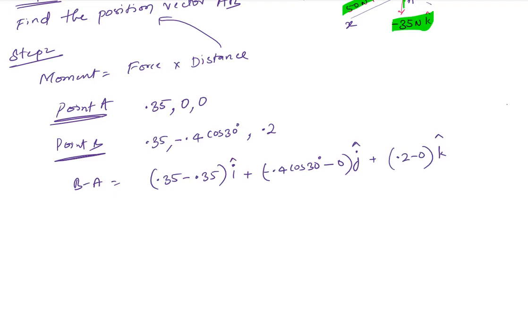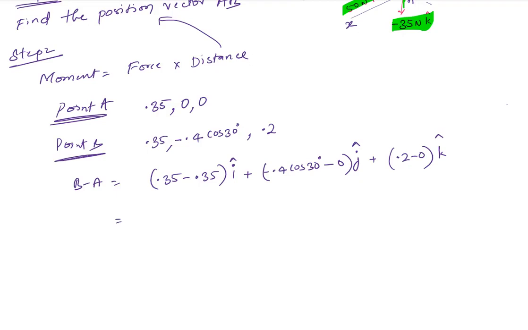It is good to write this hat, because if you're writing 35k, don't think of k as kilo or something. So that's why it is good to put a little hat for the vector. If you don't write, that's okay too, okay?